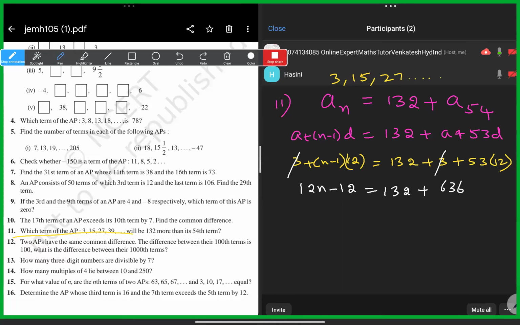Now I'm bringing the terms to the same side. 12n is equal to 636 plus 132 plus 12. 132 plus 12 is 144. So 144 plus 636 will become 780. Okay, Hasni?